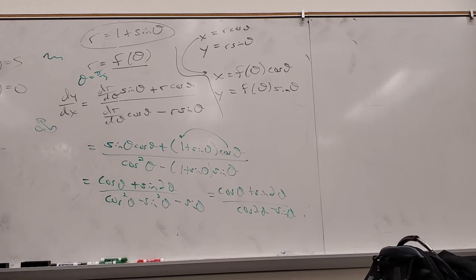At pi over 2, what's r going to be? It's going to be 1 plus sine of pi over 2. What's sine of pi over 2? 1, so it's going to be 1 plus 1, 2, right? And as it goes, it's just going to grow, so it's going to go like that, right? And then if I go into the next quadrant, sine is going to shrink again, yes? Okay.